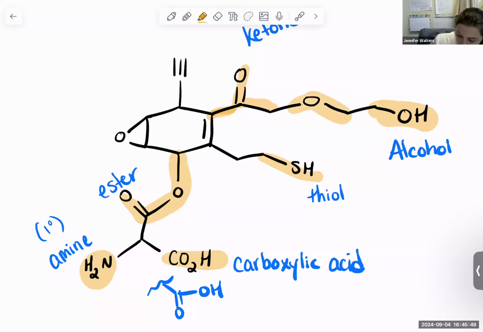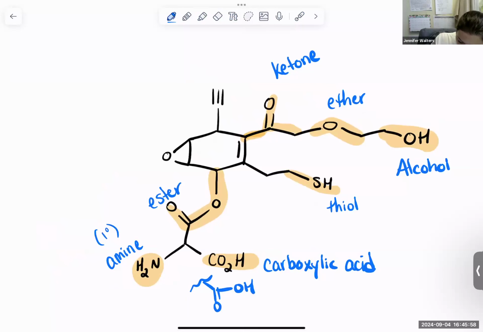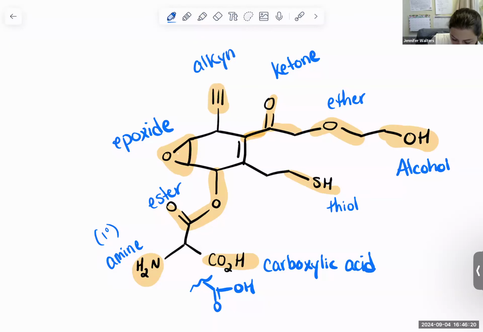Here I have the oxygen with carbon on either side, so it's an ether functional group. And then here I see another ether, but it's a specific type of ether. It is specifically that three-membered ring, that cyclic ether in a three-membered ring, that is an epoxide. And then I see this carbon-carbon triple bond, that is an alkyne.